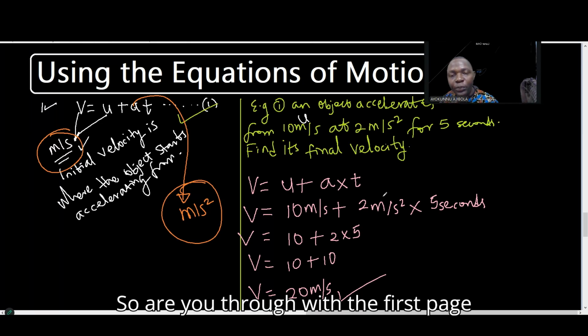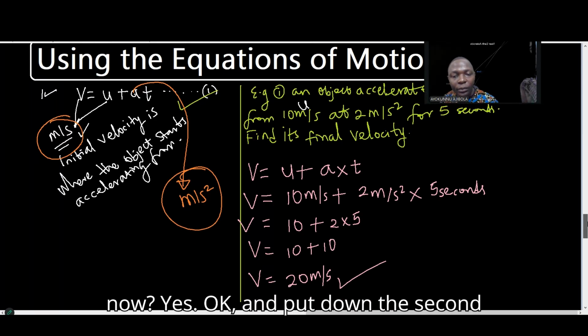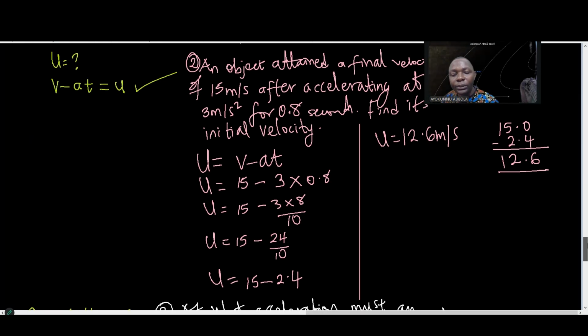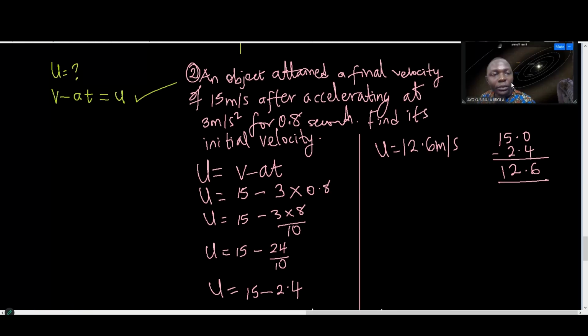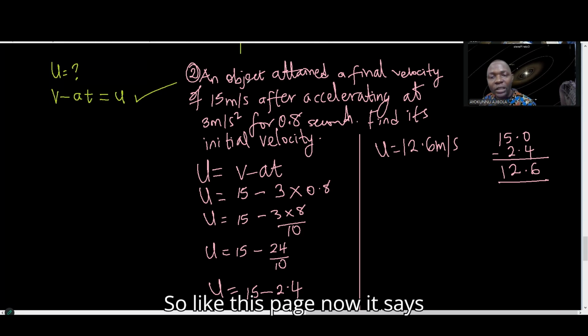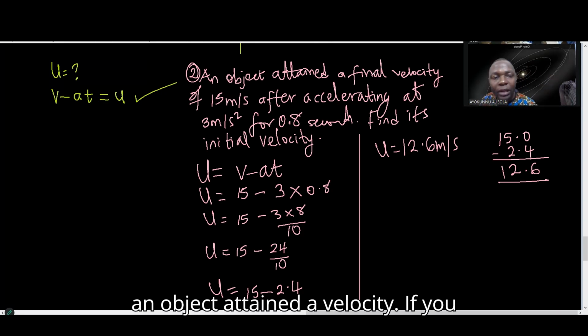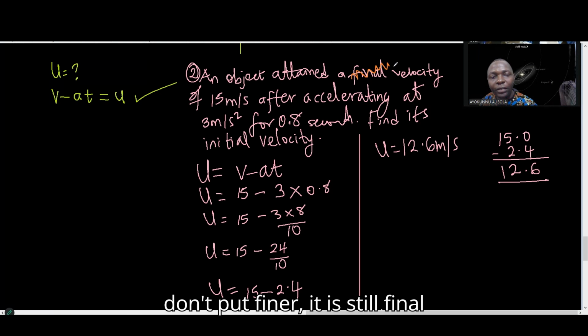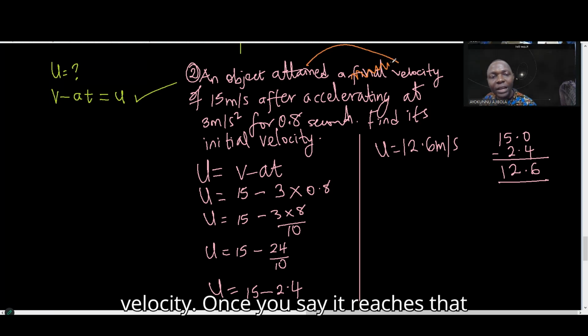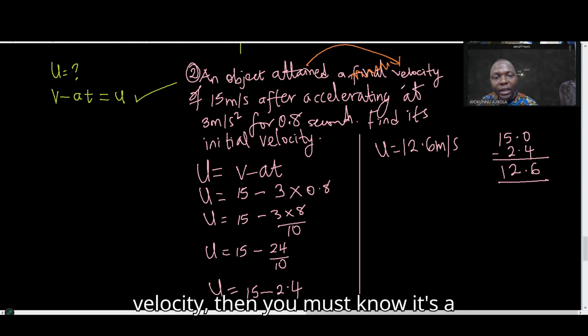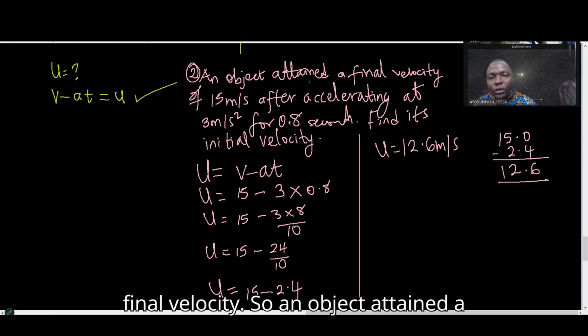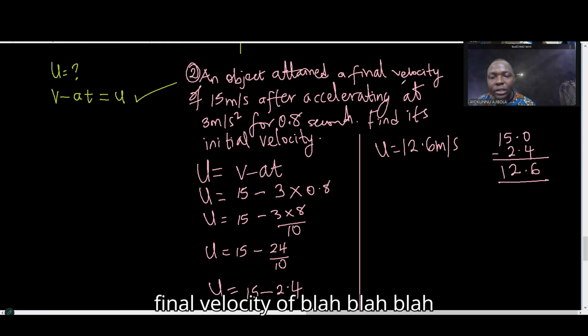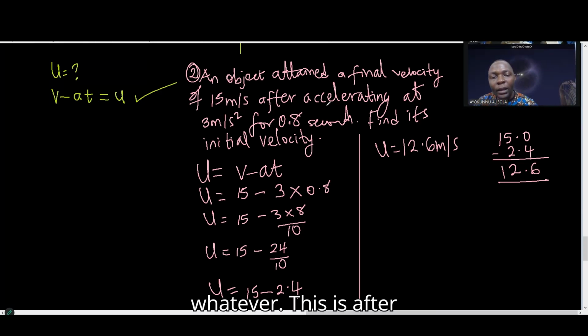So are you through with the first page now? Yes, sir. Okay, you can put down the second page. So like this page, it says an object attained a velocity. If you don't put final, it is still final velocity. Once you say it reaches that velocity, then you must know it's a final velocity. So an object attained a final velocity of whatever it is, after accelerating at, you can see this is, an object what?